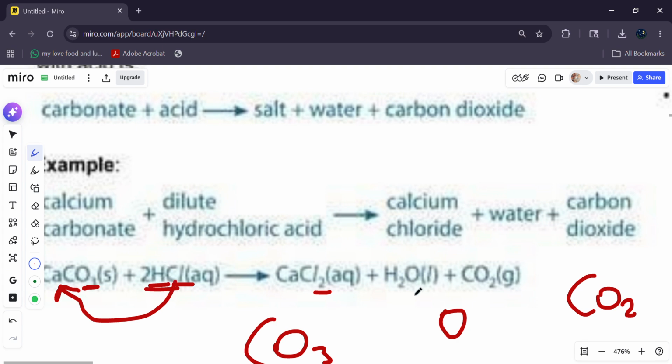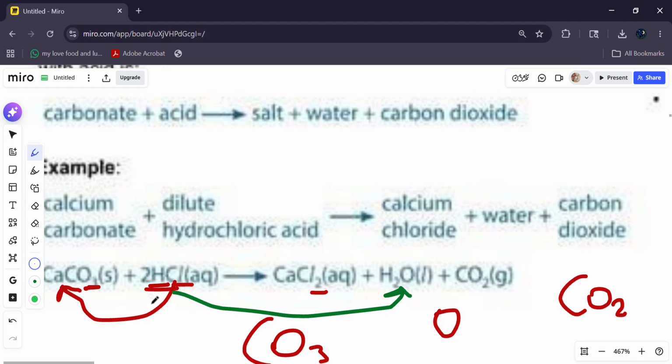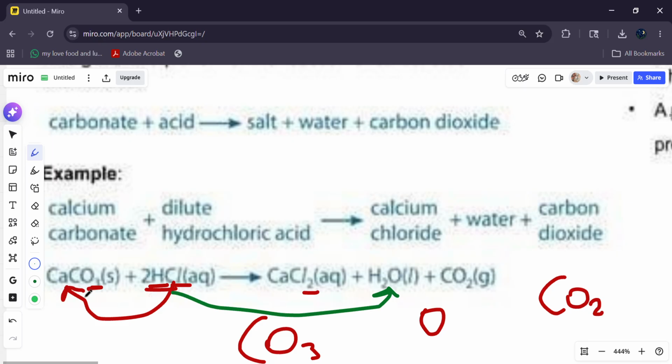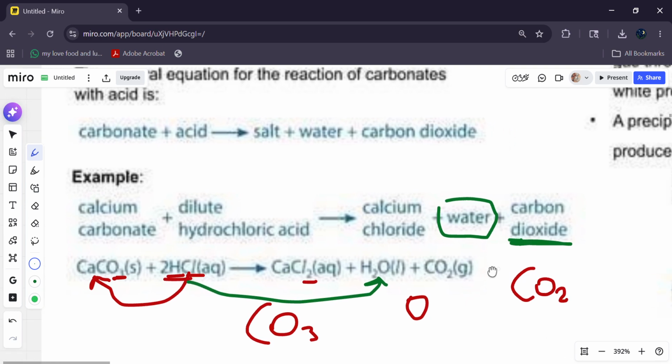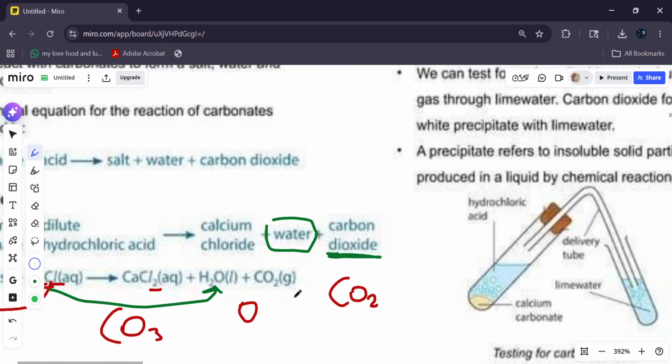Now these two extra hydrogen go to the extra oxygen left over from the carbonate to form H2O, which is water. And the other two oxygen go to carbon to form carbon dioxide. The reason why it's carbon dioxide is because di means two, so carbon dioxide needs two oxygen. So this is how the reaction is formed.